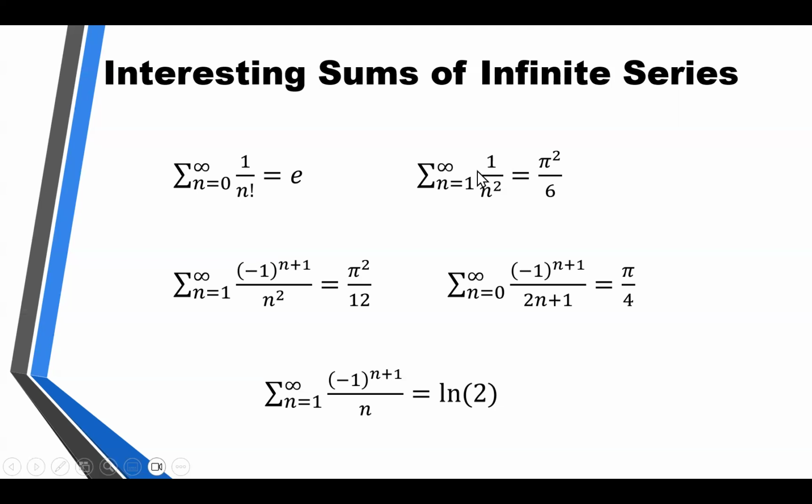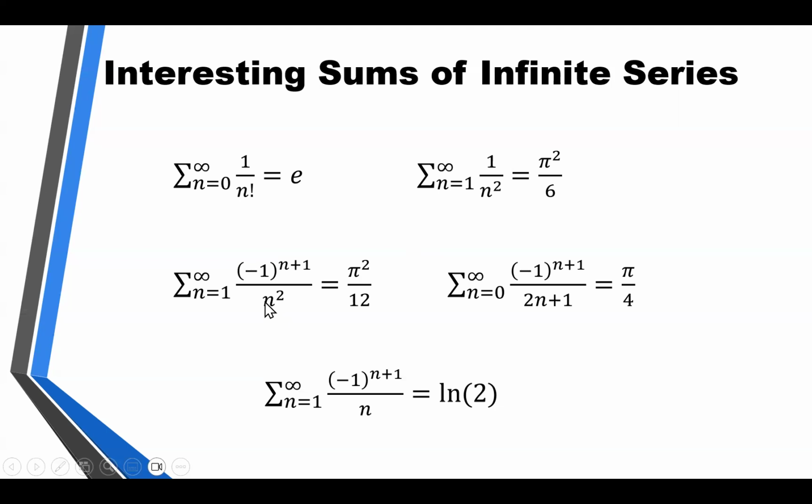Obviously, again, adding up a bunch of rational numbers and ending up with something irrational that involves pi. This is probably fairly weird and surprising, but it's what it is.